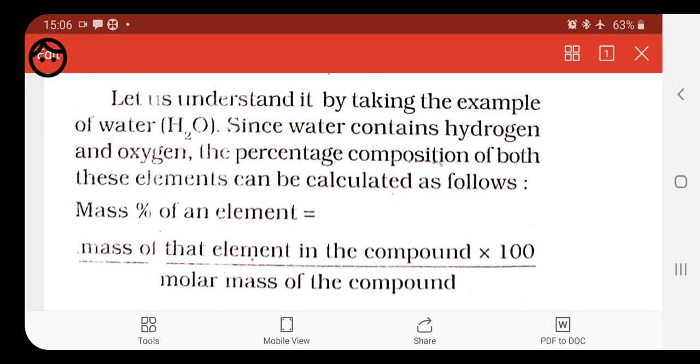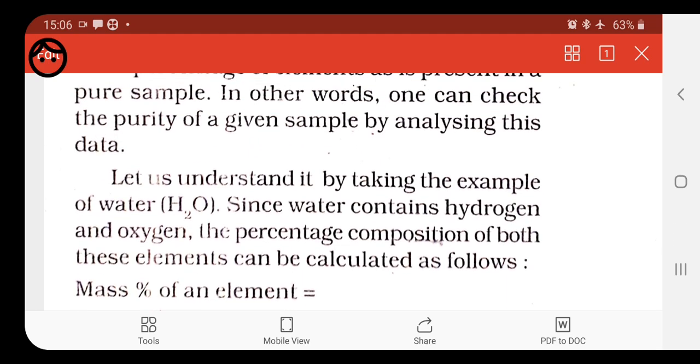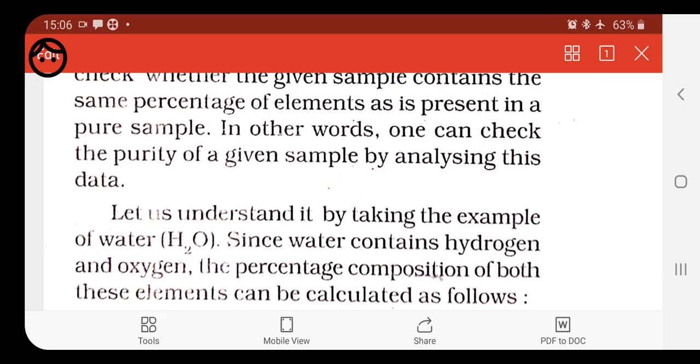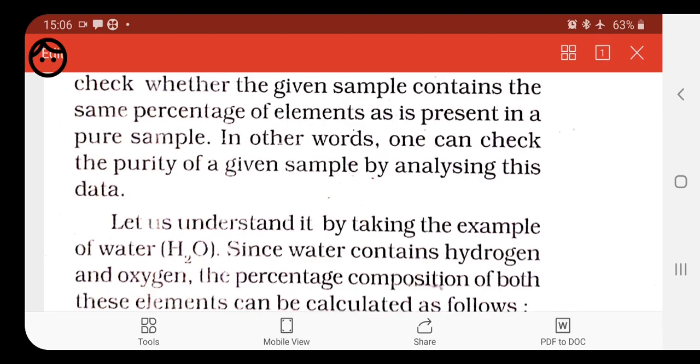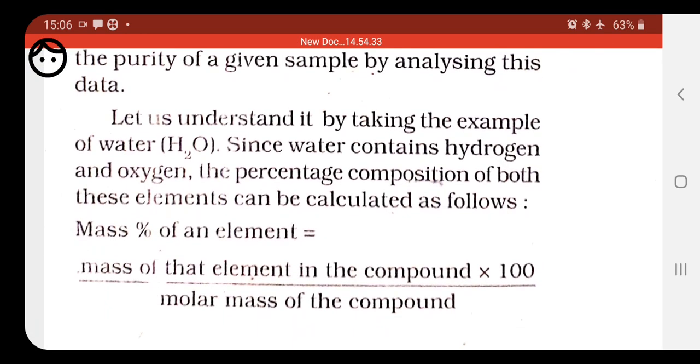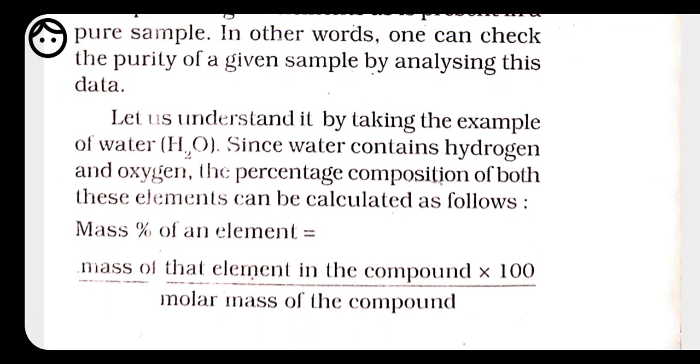Before that, let's define percentage composition: the percentage of any element or constituent in a compound is the number of parts by mass of that element or constituent present in 100 parts by mass. It can be represented as: mass percentage of an element is equal to mass of that element in the compound multiplied by 100 upon molar mass of the compound.